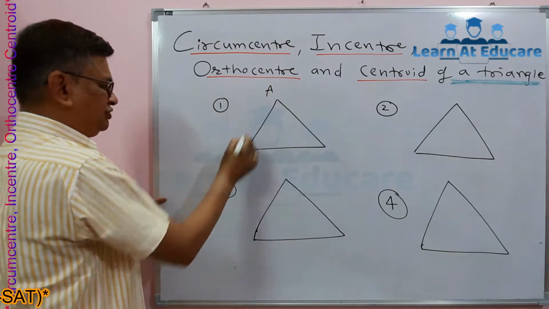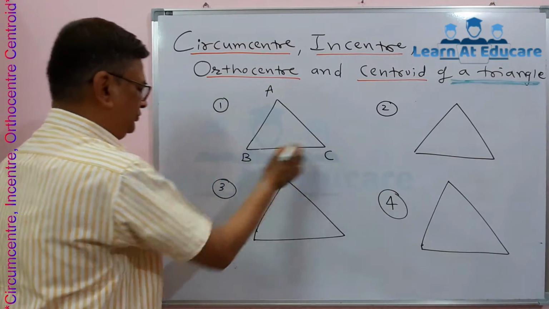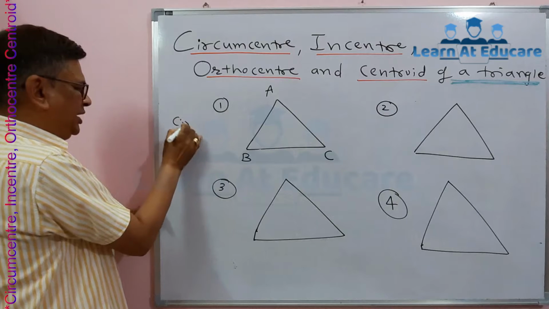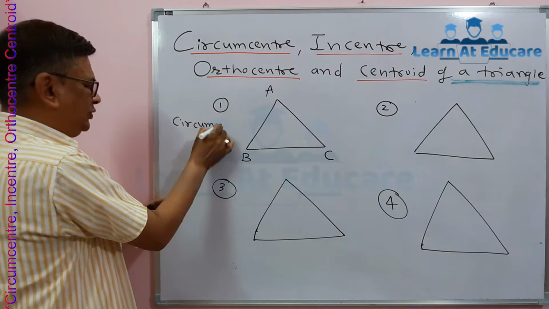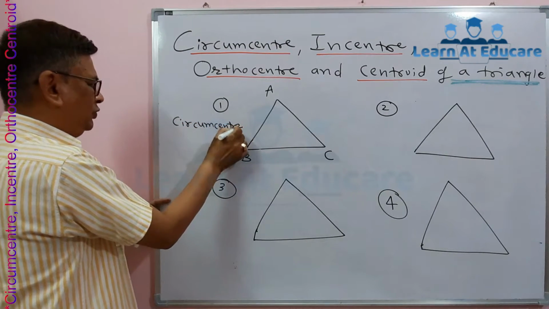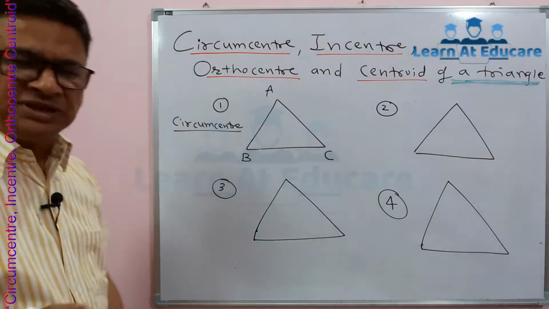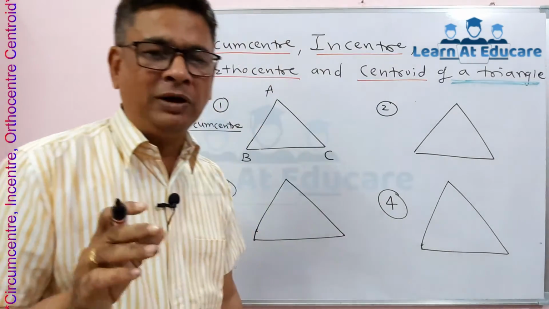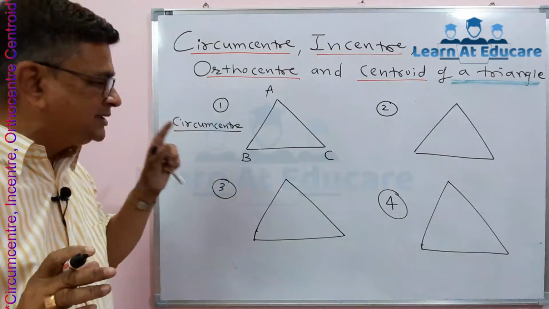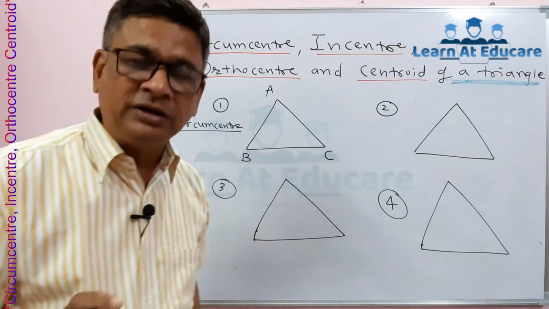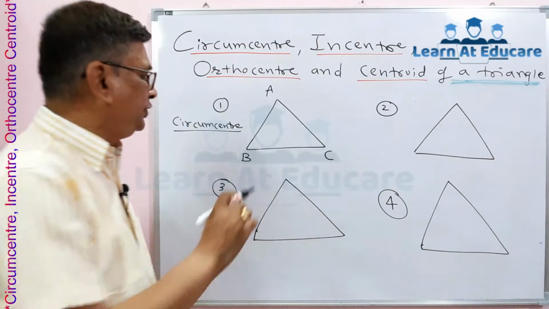Suppose it is this triangle ABC that I have drawn. In this first figure we will see about circumcenter. To consider the circumcenter, we need to know what is meant by the center of a circle, and that circle is called the circumcircle. Do you know the circumcircle?